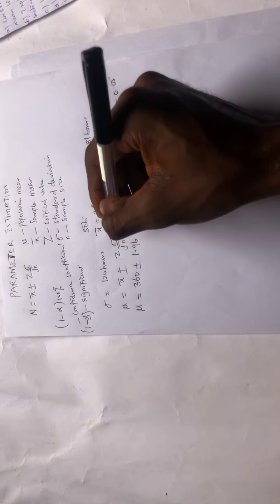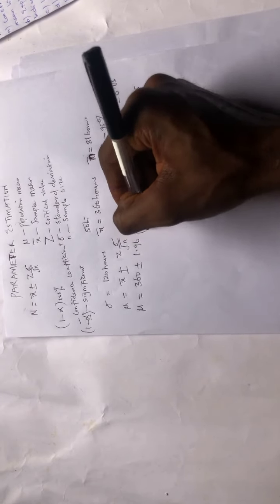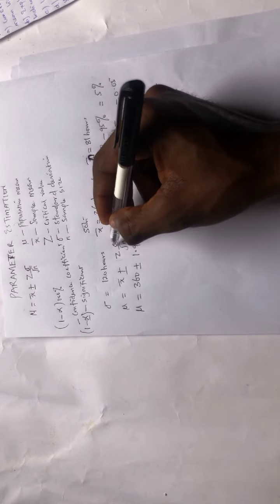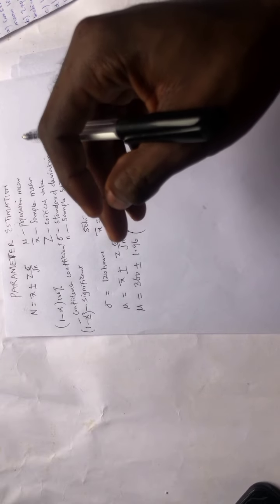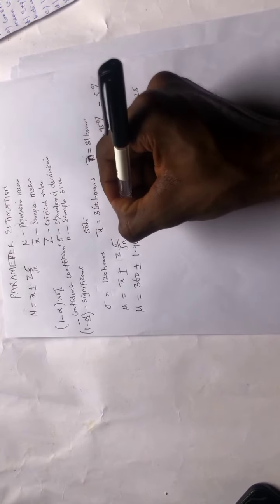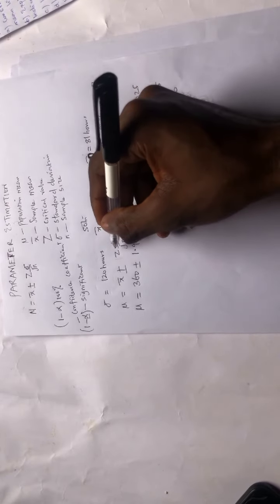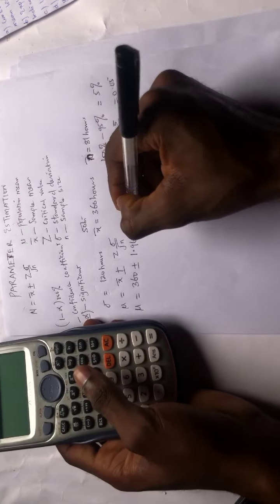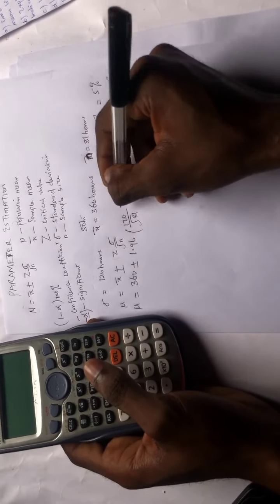1.96 into our z. Of course, our sigma here is from what we've calculated. Our sigma here is 120. So we have 120 divided by our n here, which is 81. Our n is 81, so what we have is the root of 81.